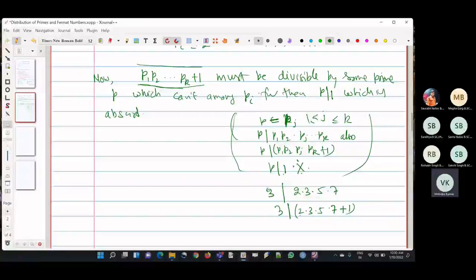Let us not write 1 here, let us write some number a. If 3 divides this product plus a, then a has to be some multiple of 3. But here we have 1, which means 3 should divide 1, which is not possible. So let us move further.